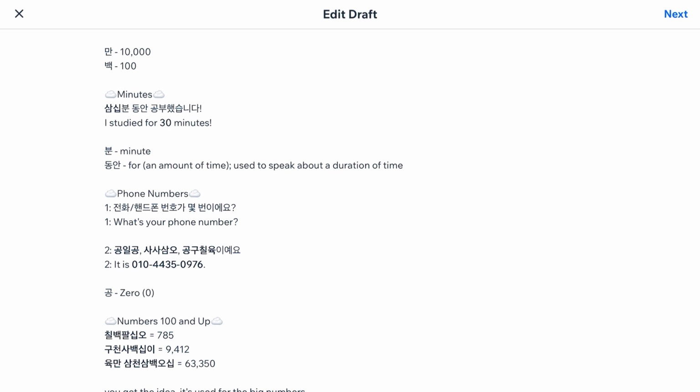When it comes to 100s and thousands and all those things, you really just do multiplication. So if you needed 8,000, you have 8 times 1,000. So 8 for 8, 1,000 for 1,000. You put it together, 8,000.